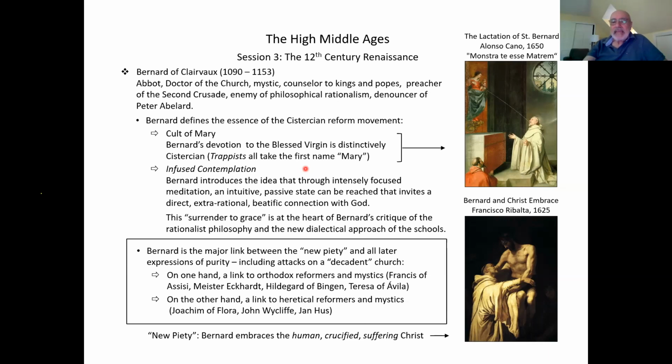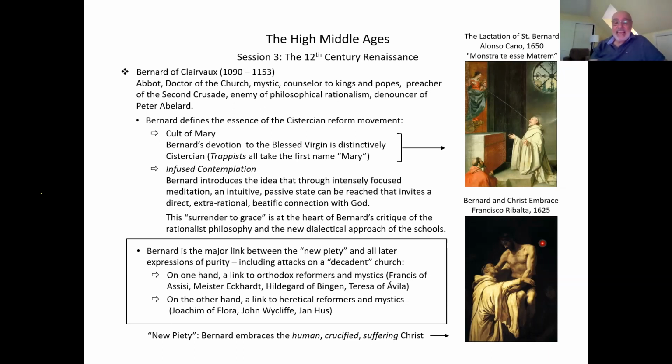And here you have the passive Bernard, and we talked about personal religion, and Christ is now the human and the sacrifice Christ. Here you have Christ looking like the body, the corpus of a crucifix, coming down from the cross to embrace Bernard in a mystical union. So Bernard is the major link between the new piety and all later expressions of purity, including attacks on the later church.